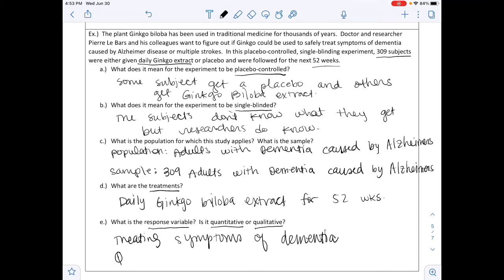And we don't exactly know what they're doing, but they're most likely asking them questions and how much they're remembering and things along those lines. So I will say that it is going to be qualitative.